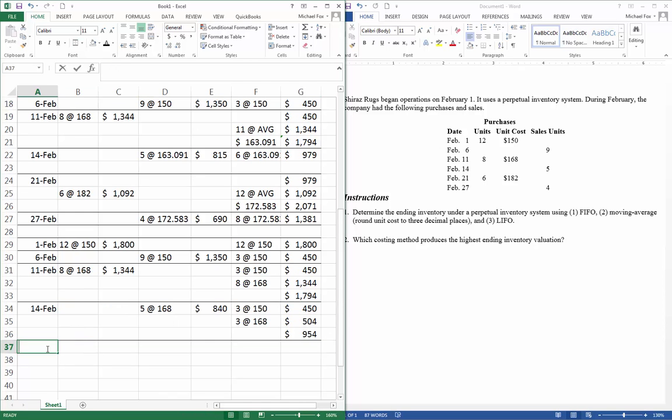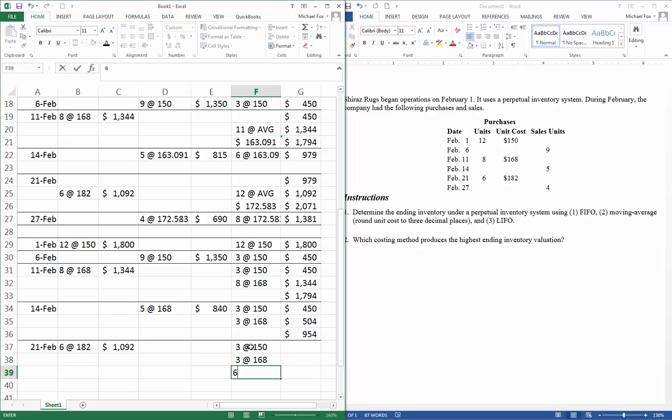On the 21st, we purchased 6 more at $182. And now in our remaining inventory, we have 3 at $150. We have 3 at $168.